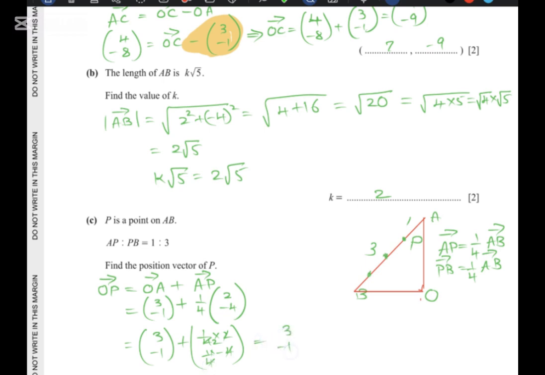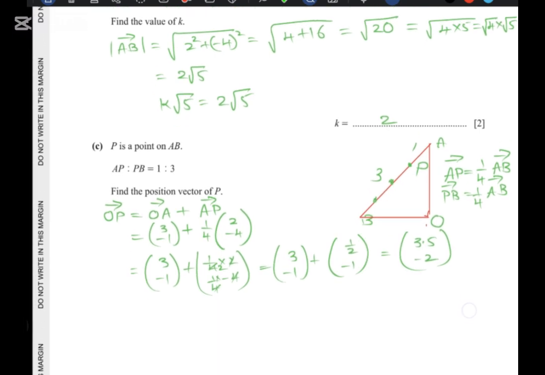So (3, -1) as it is, plus (1/2, -1). Then 4 and 4 cancel, you have 1 here. So 3 plus half will be 3.5, and minus 1 minus 1 is minus 2. So the position vector of P is (3.5, -2).